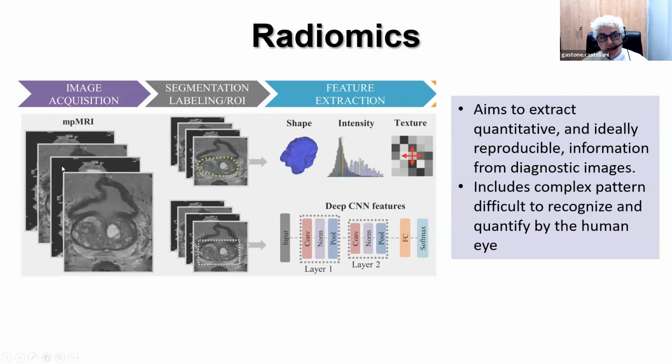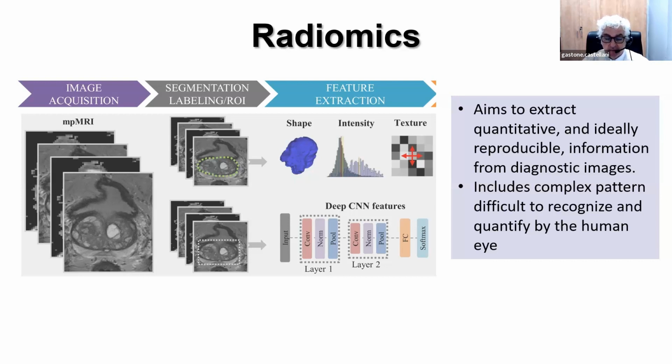If we have medical images, so PET, CT, TAC, etc., after segmentation and identification of a region of interest, we can segment this region and from this region extract features. These features can be morphological and can be texture features.